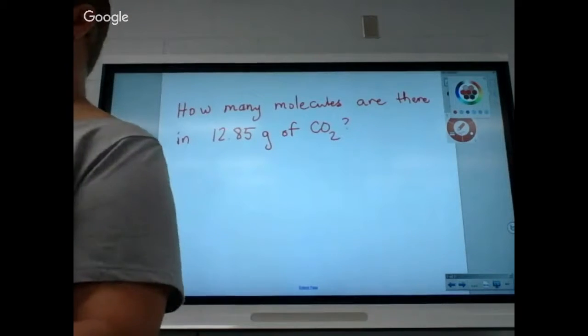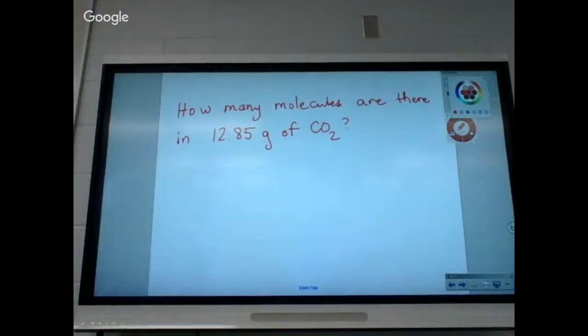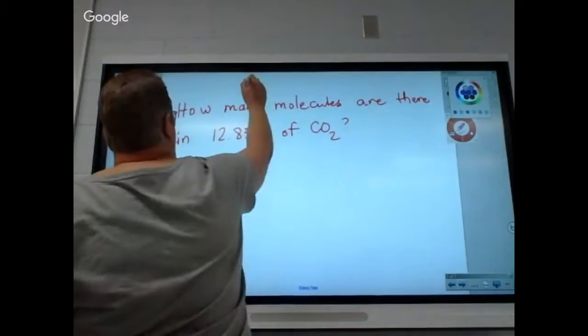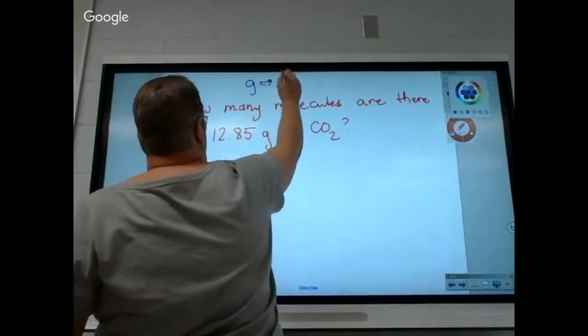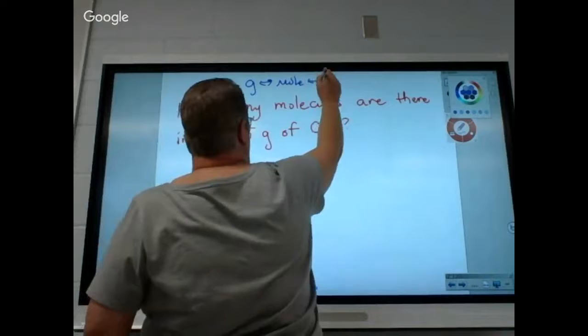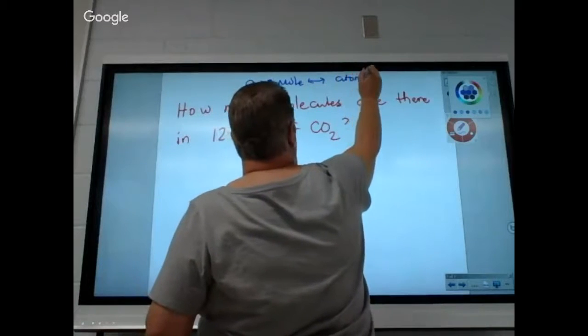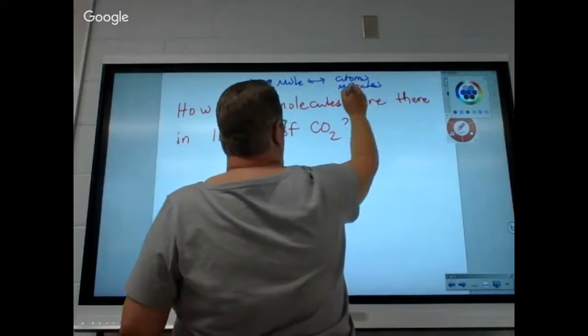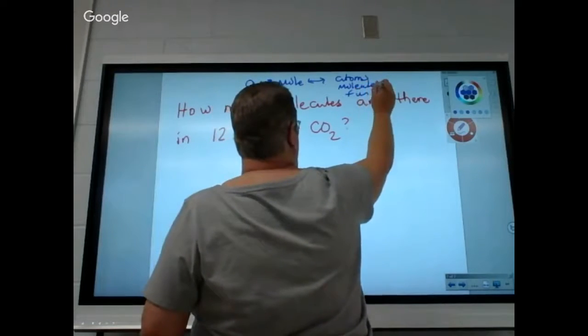How many molecules are there in 12.85 grams of CO2? We've got grams, moles, atoms, molecules, and formula units.